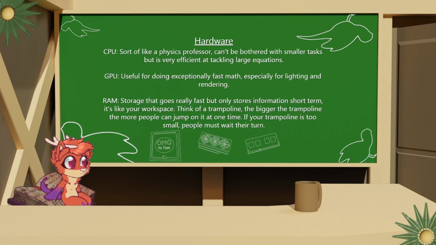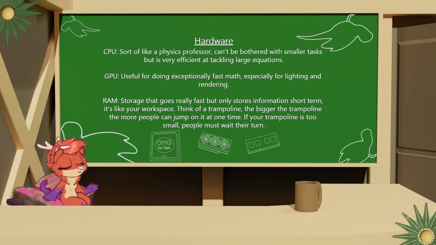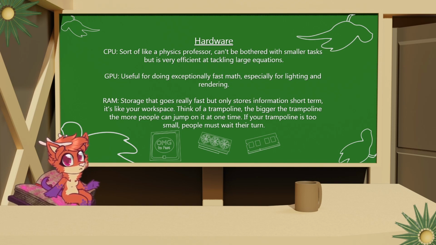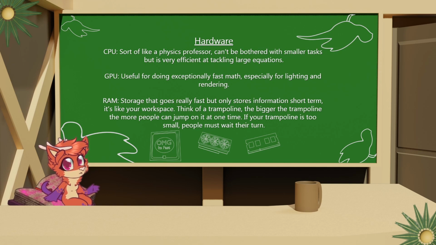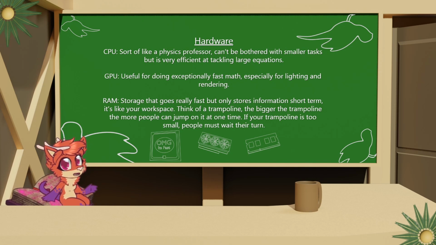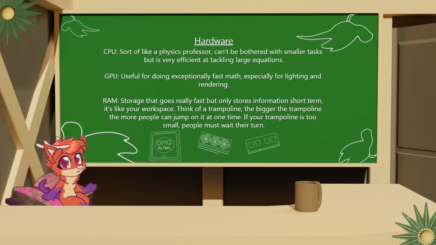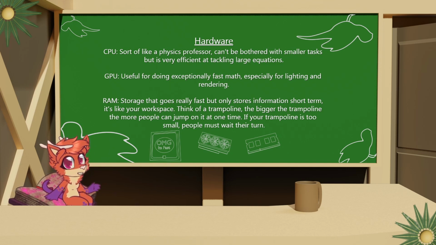Hardware. Again, your CPU, for those of you who do not know, is sort of like a physics professor, or like the brain. It can't really be bothered with small tasks, but it is incredibly efficient at handling large tasks, large equations. It does a lot of big math. Your GPU, on the flip side, is like your eyes. It's really good at doing exceptionally fast math. It needs to calculate lighting, it needs to calculate rendering, and those are a bunch of little itty bitty calculations that go very, very quickly.